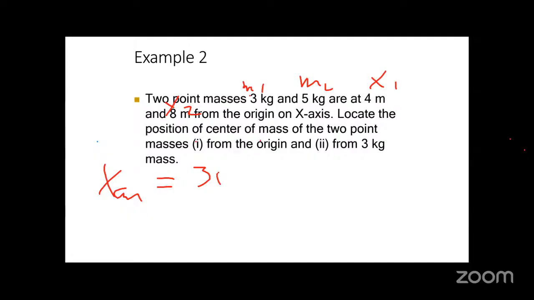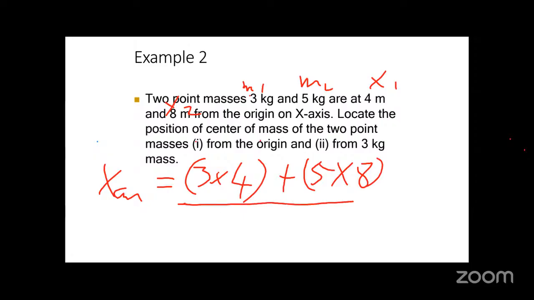So M1, which is 3, times X1, that is 4, plus M2, which is 5, times X2, which is 8, all over M1, which is 3, plus M2, which is 8. So that gives us 12 plus 40 is 52 over 11. That is 4 point something.